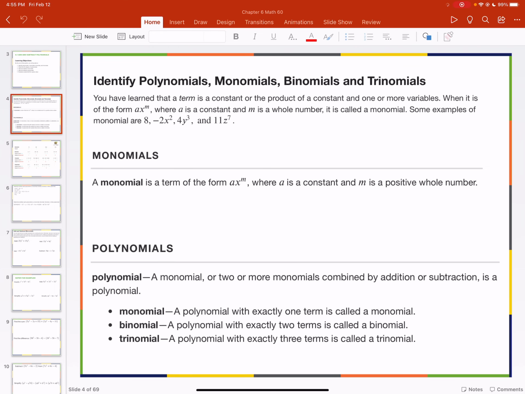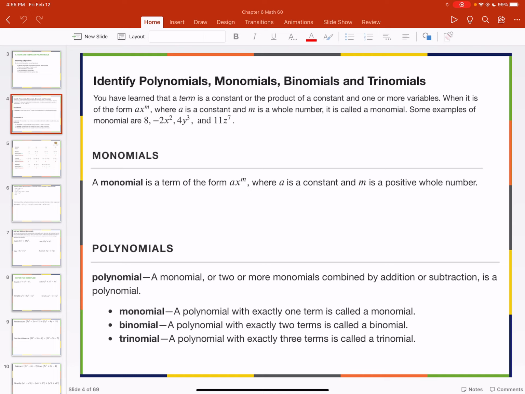So let's start. First of all, remember what we said, that a term was a constant or product of a constant and one or more variables. So a monomial is also another word for a term, right? So you have here 8, negative 2x squared, 4y cubed, and 11z to the power 7.